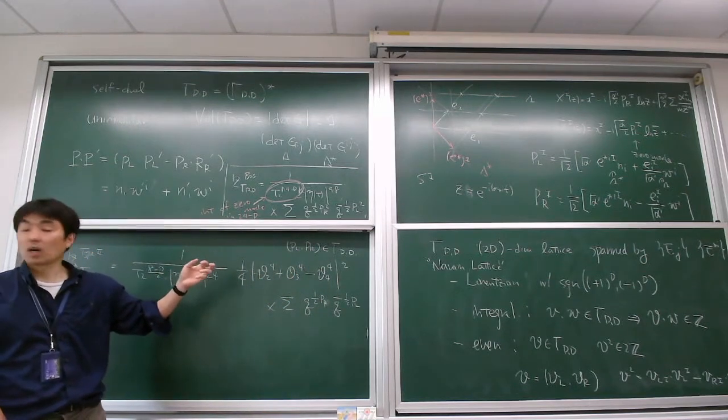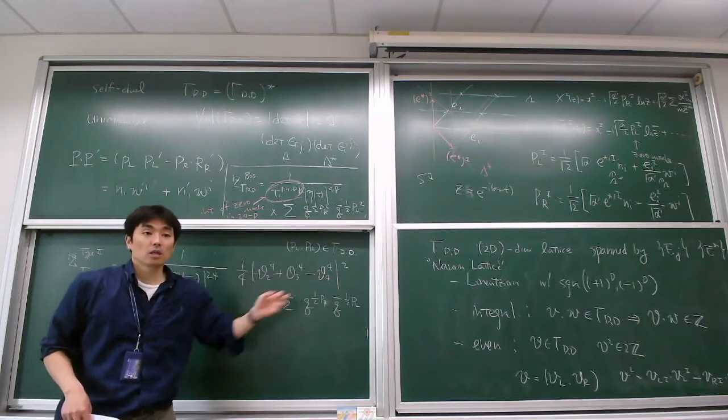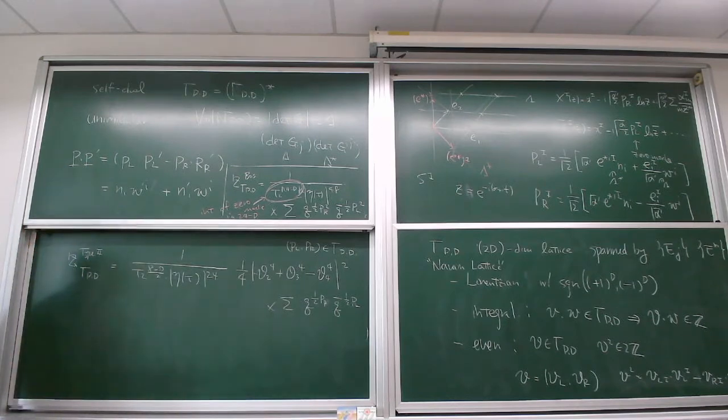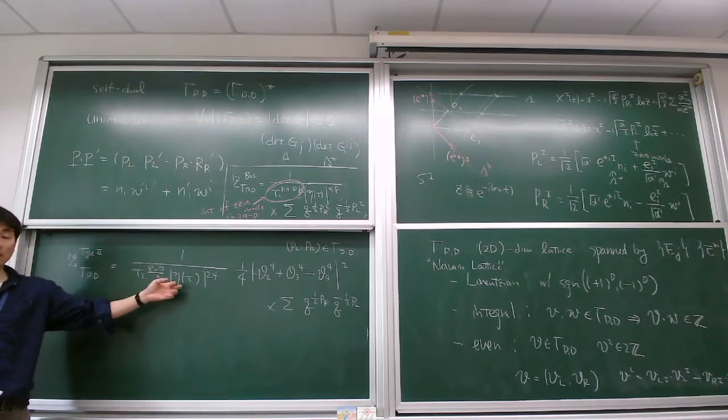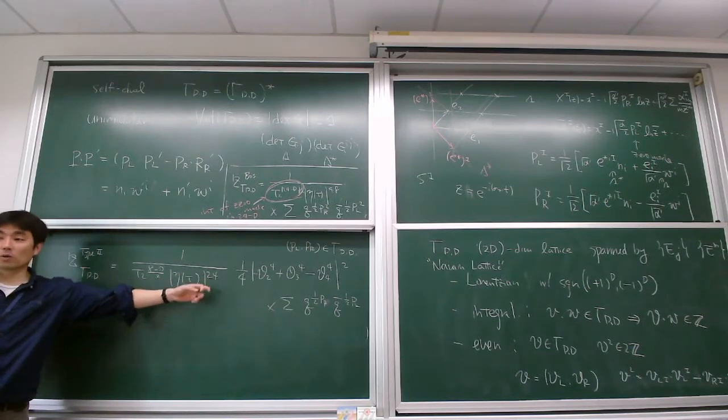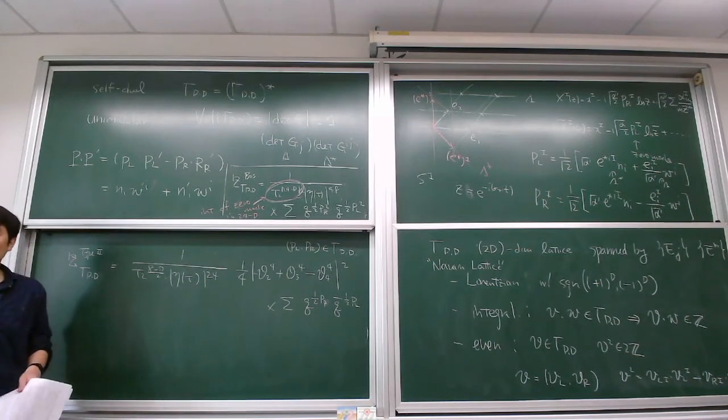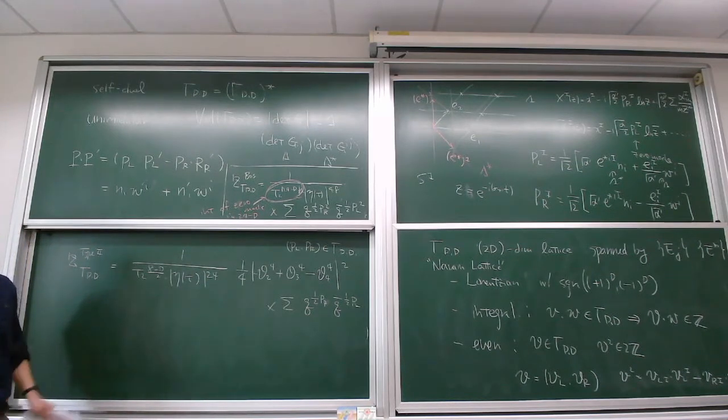RNS string, fermionic mode, the sum over all the boundary conditions, Ramond and Neveu-Schwarz. And the eta to the 24, how did it come? Do you remember? Why 24?